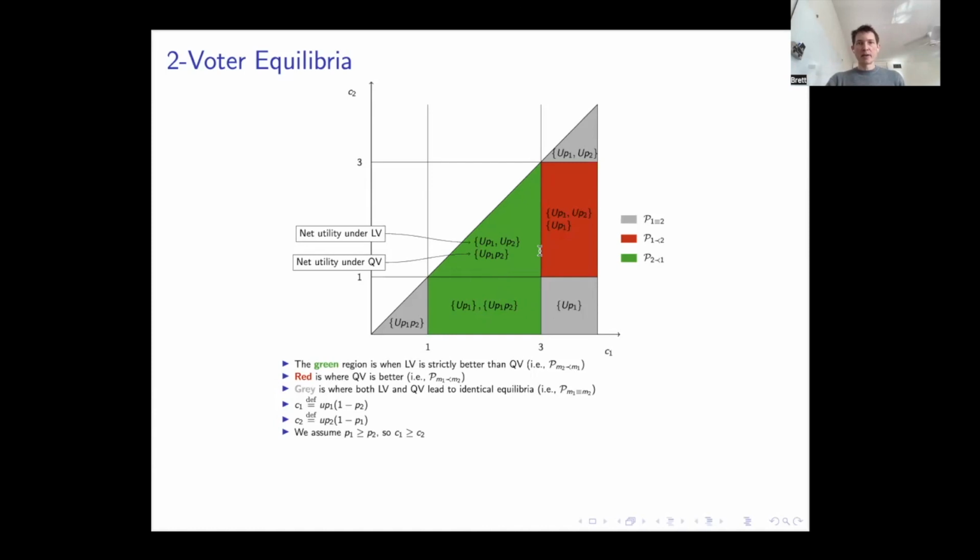And in the bottom green one, there's only one equilibrium under both. But here, linear voting is better because both of these equilibria, UP1 and UP2, are bigger than UP1, P2, because P1 and P2 are these probabilities which are less than 1.